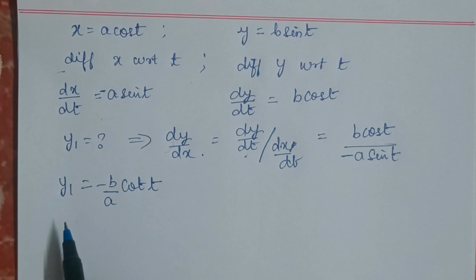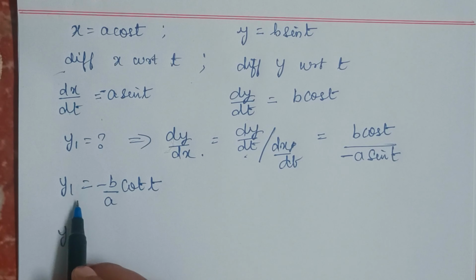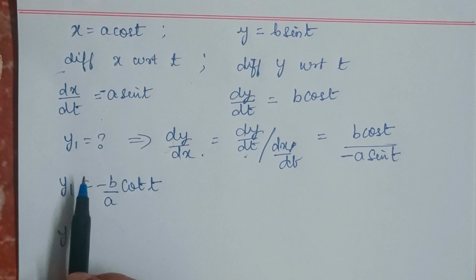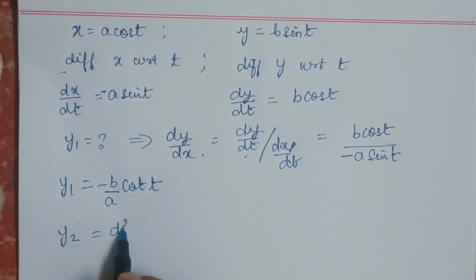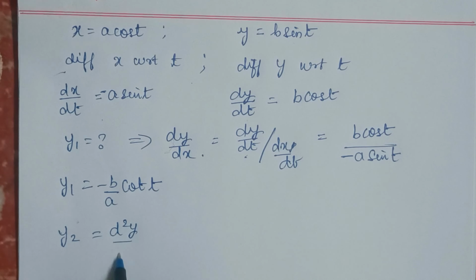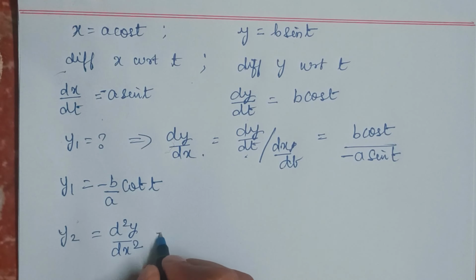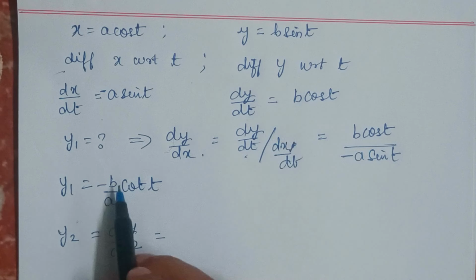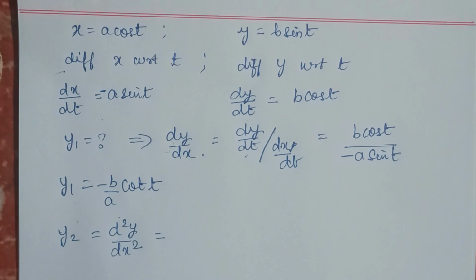And now we also have to find y2. That is differentiating y1 again. And now to find y2, this is also nothing but d square y by dx square. Okay, so we are differentiating with respect to x again. So it becomes minus b by a cot t, right?